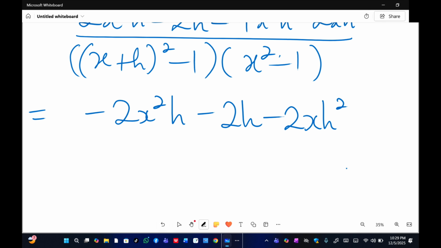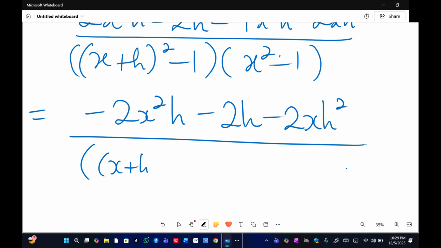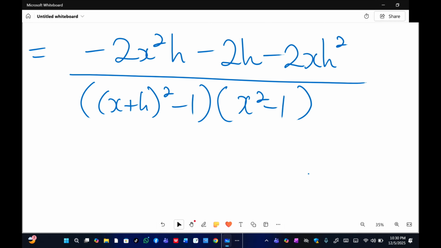Then we can now divide through by our denominator, which is bracket x plus h squared in one bracket minus 1, close your bracket, open one bracket, x squared minus 1, then close your bracket nicely. Alright, so now you can substitute this expression into the formula.